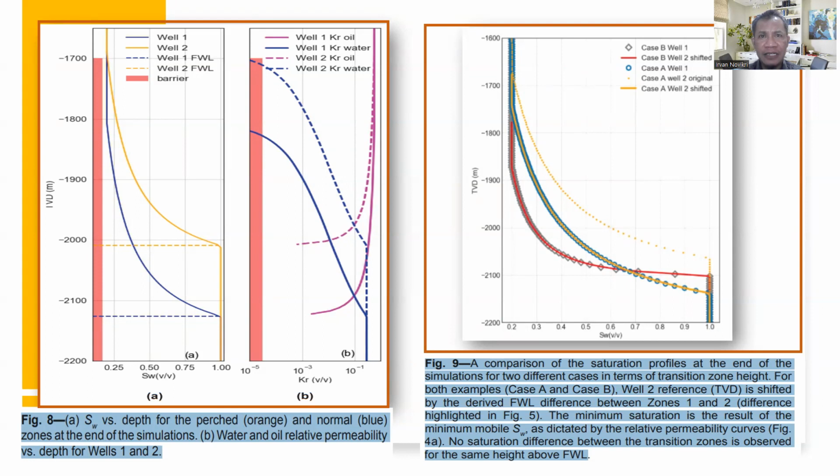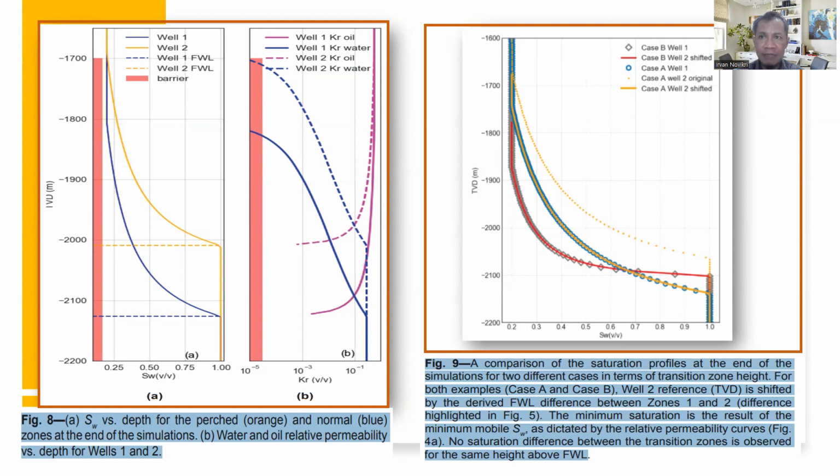In the series of figures 9, the saturation profiles at the end of the simulation are compared for different cases based on the height of the transition zone. The reference point for well number 2 TVD subsea is adjusted according to the difference in free water level between zone 1 and 2.